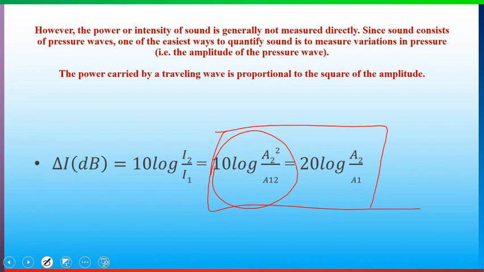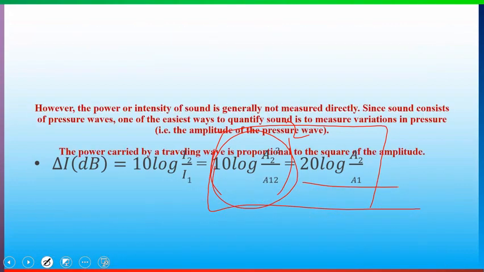If it is intensity, then change in intensity is equal to 10 log of final intensity divided by initial intensity. But if we apply it on amplitude, then we'll have to square. If we square the entire equation, we get 20 log of final amplitude divided by initial amplitude. If you use it for voltage, then you will have 20 log of final voltage divided by initial voltage.